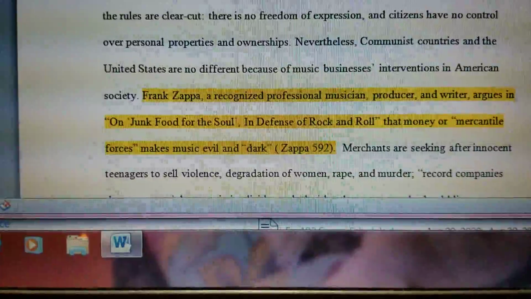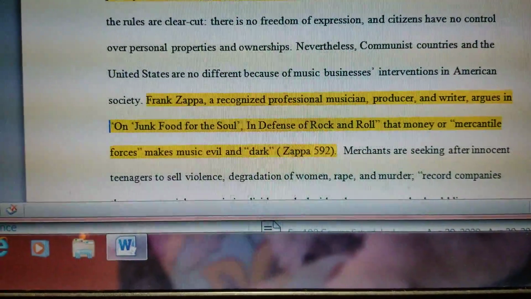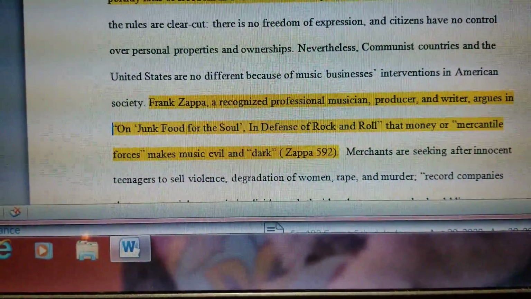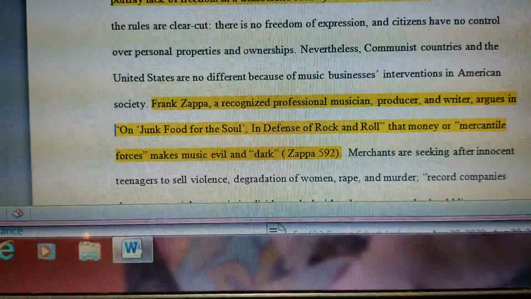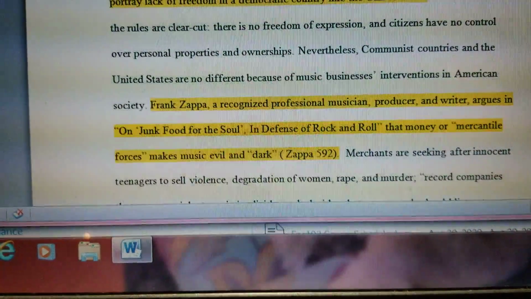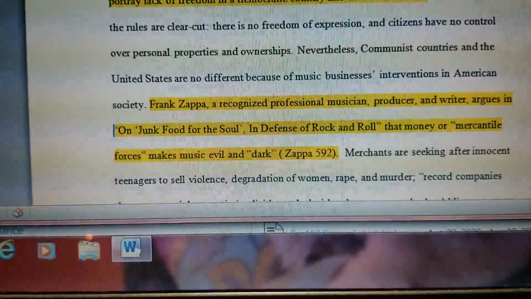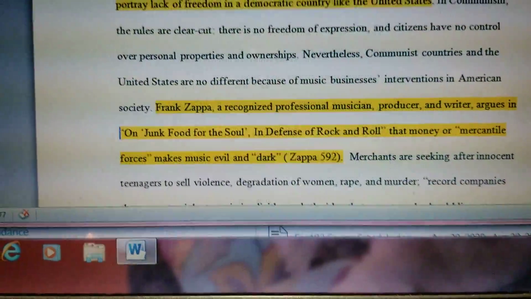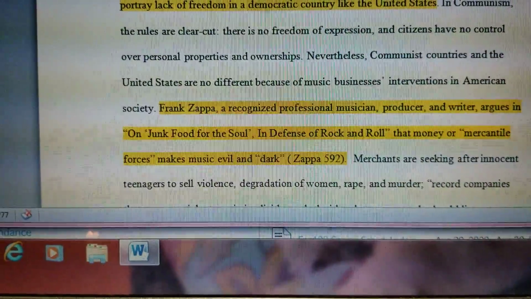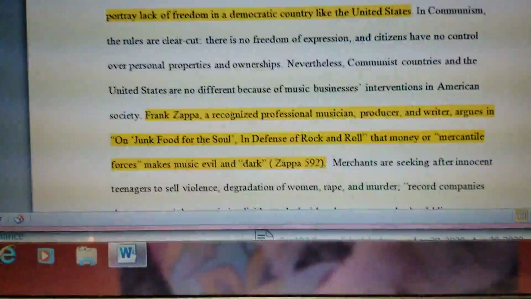A little bit of the background, if you notice in the article that was written by Frank Zappa. This article actually was his presentation to a Senate committee on problems with the negative influence and exploitation of the music industry.